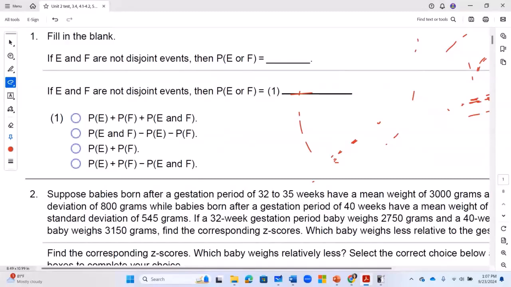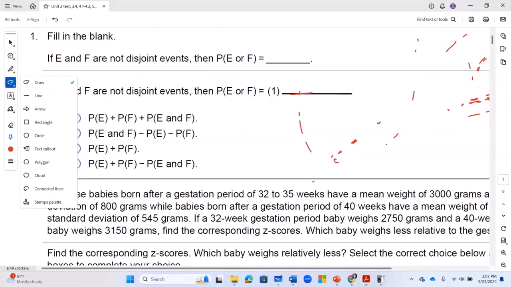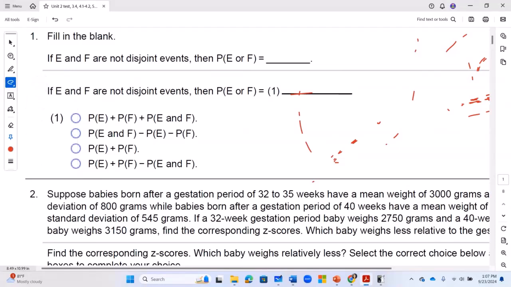All right, I got to write it again. So the probability of E or F. Remember, I can use union for or.